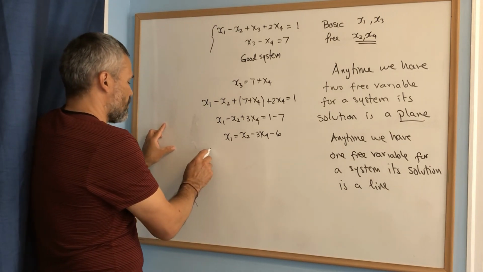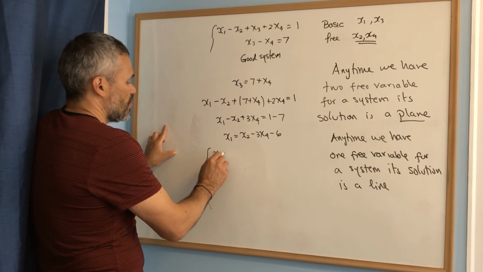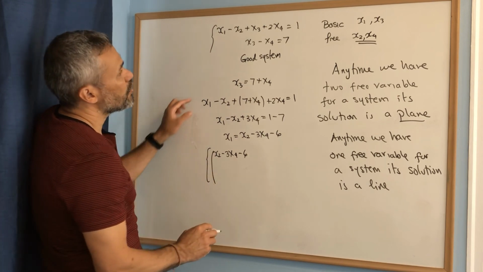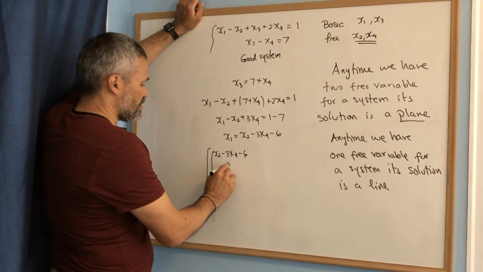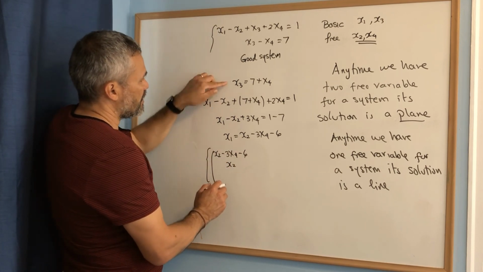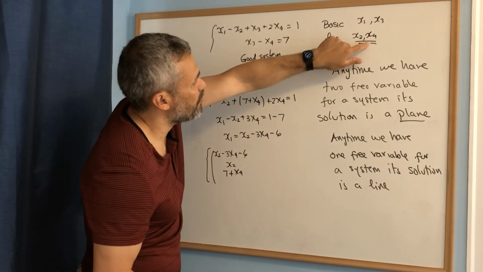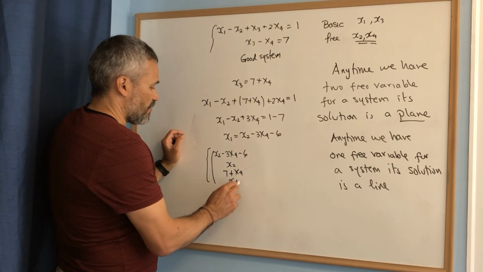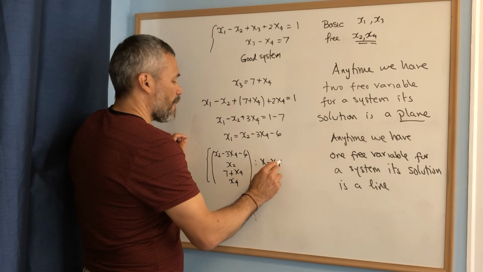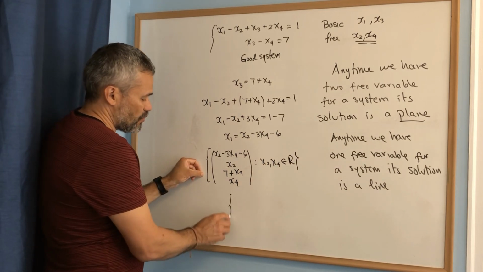Then the solution set would be, instead of x1, I write x2 minus 3x4 minus 6. Instead of x2, x2 is free, then I just write x2. Instead of x3, I write 7 plus x4, and instead of x4, x4 is free, I write x4, such that x2 and x4 are real numbers. Then I can rewrite this solution in this form.